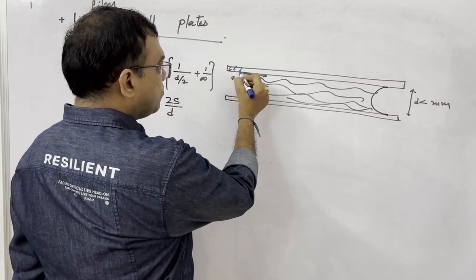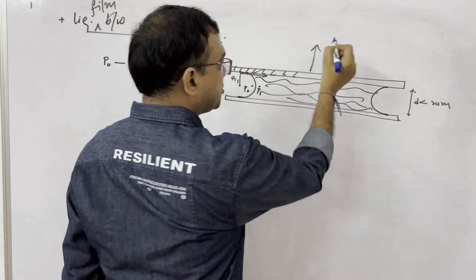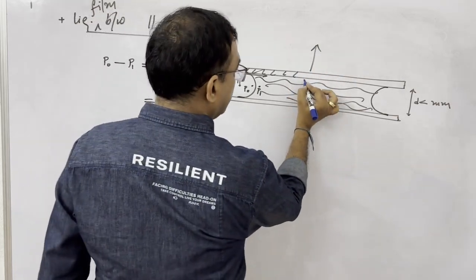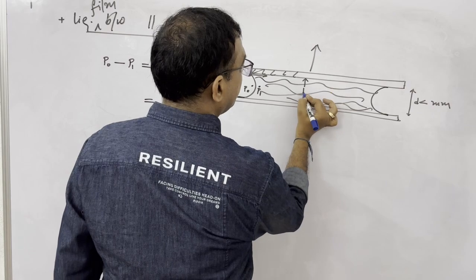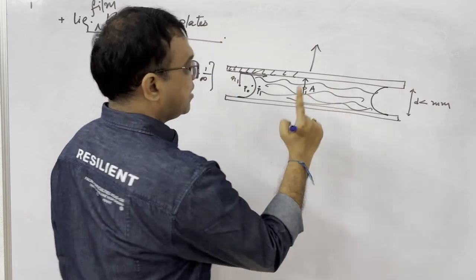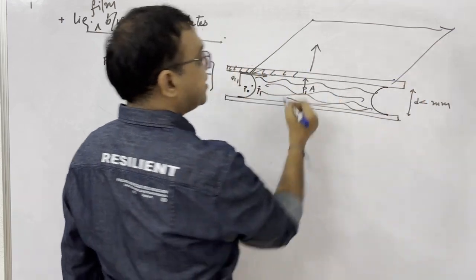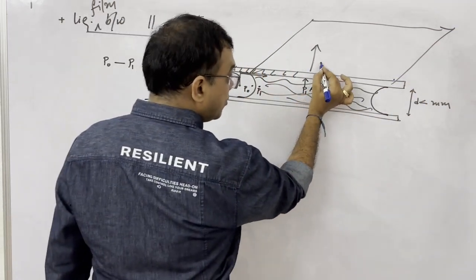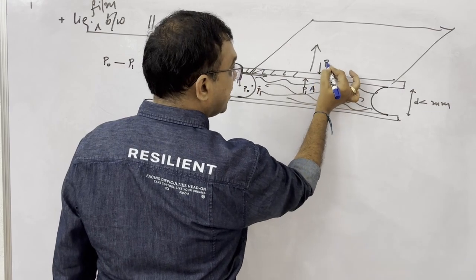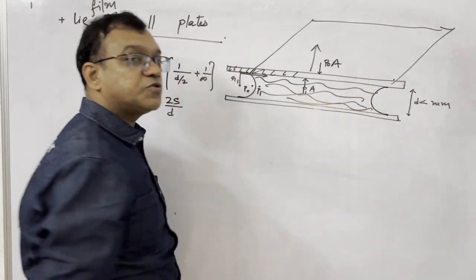Now to lift this plate, here the pressure is P1 acting on area A. I am considering this particular area as A. And from the outside, we have atmospheric pressure.